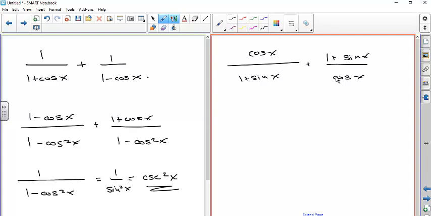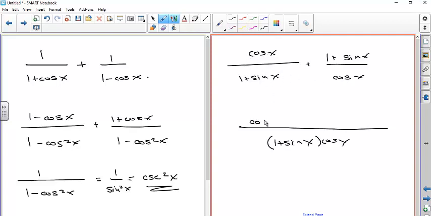Well, again, you could come up with a common denominator, which would be the product of these two. So you'd have 1 plus sine x times cosine of x. That's the common denominator.